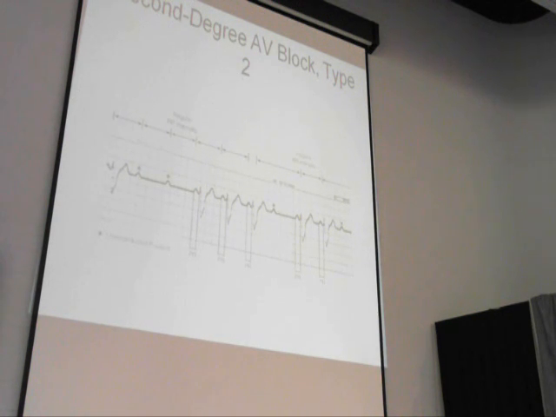So every P wave that got through and has a QRS right behind it has a normal PR interval. Whereas in second degree type 1, progressive lengthening, you have one P by itself and then we pick up that pattern again. So we have only a couple of P's without QRSs in second degree type 1. Second degree type 2, we're getting worse. A lot more P's than QRSs.